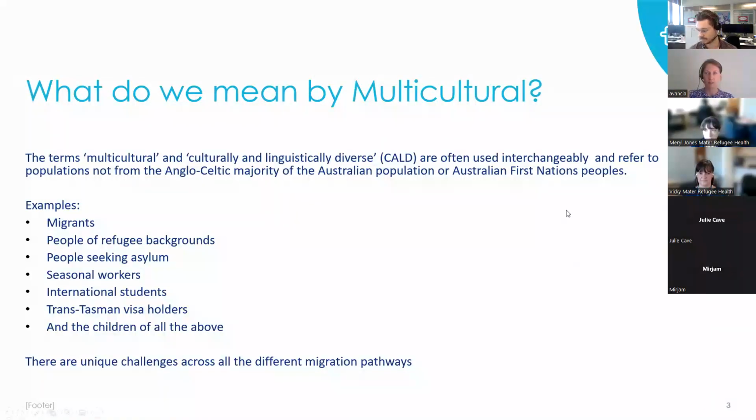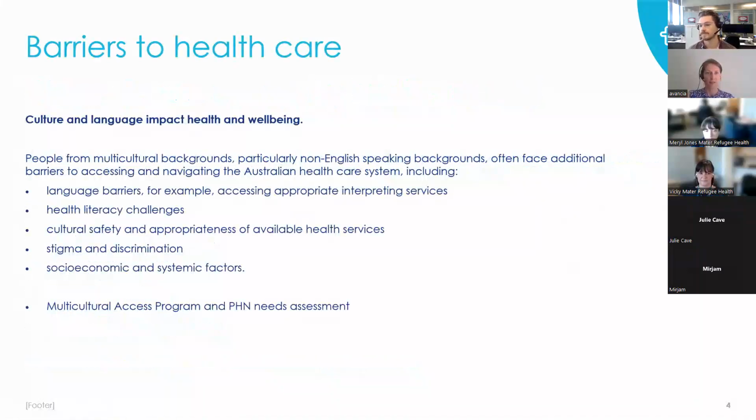Next slide, Sam. So we know that culture and language impact health and well-being, and people from multicultural backgrounds, particularly non-English speaking backgrounds, often face additional barriers to accessing and navigating the Australian health system. These include language barriers, so for example, accessing interpreting services, health literacy, health system navigation challenges, cultural safety and appropriateness of the available health services, stigma and discrimination, and also socioeconomic and systemic factors.